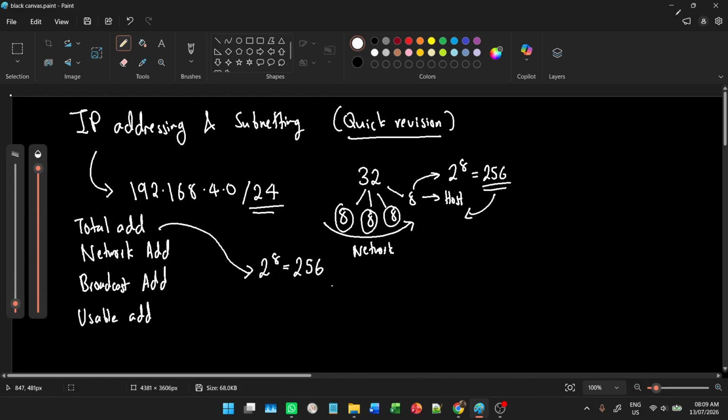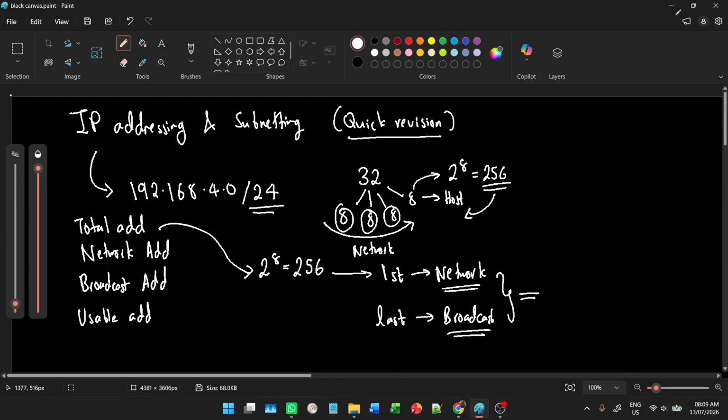But no, we have to always reserve the very first address for the network address. It will always be reserved. It will say, hey, this is the network address. The last address will always be reserved as the broadcast address. So everything in between, only these are usable addresses.